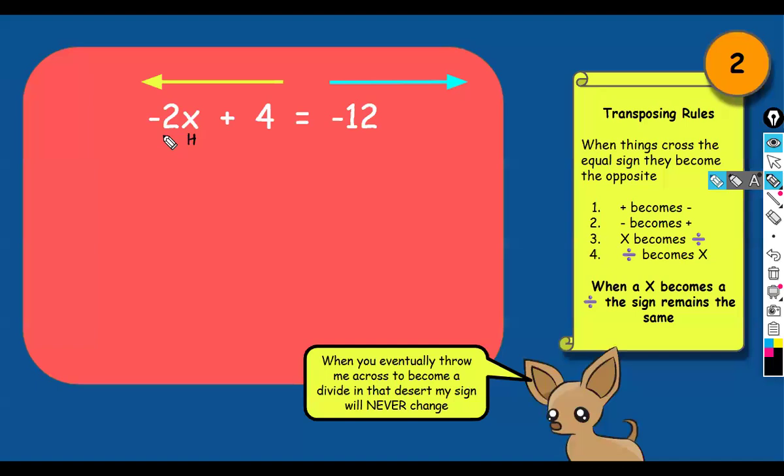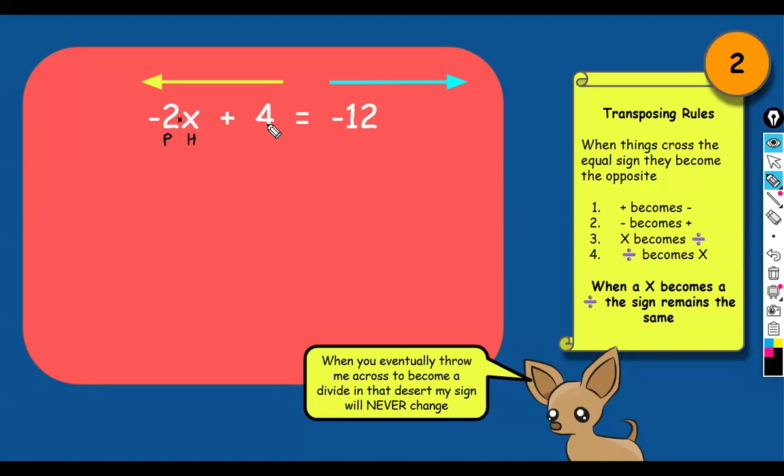So this -2 is a pet. Now, between a pet and a human, there's always a secret multiply. But you know that from last week. Whenever you have two things touching in maths and there's nothing in between, it's a secret what? Multiply.